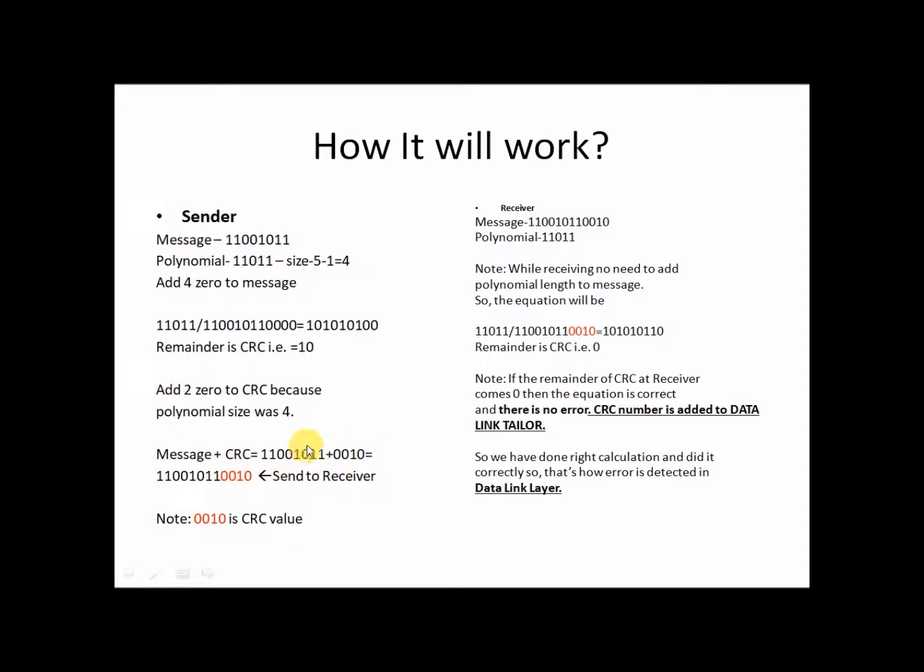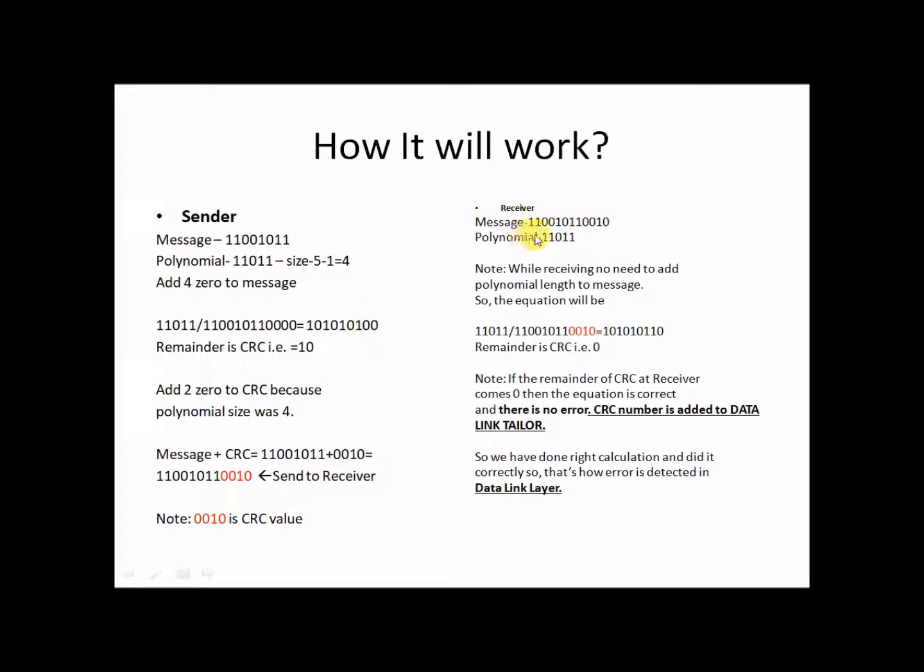Just for example, this was the message. Now your remainder was 10, so kindly place that 10 here. Now from the left you have to add 2 zeros. So this is the first, this is the second, and this is the combined number of message plus CRC number. This number will be sent to the receiver.